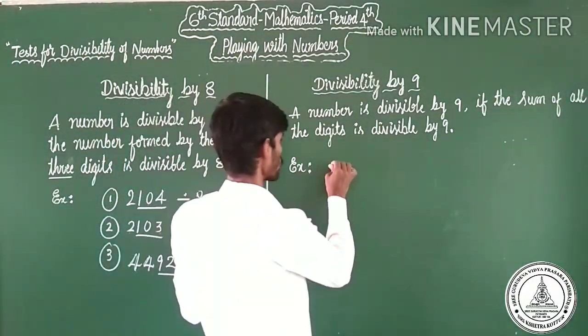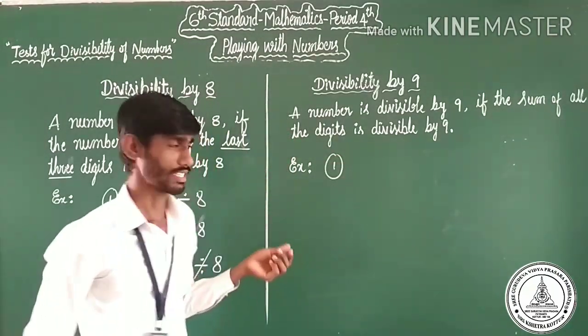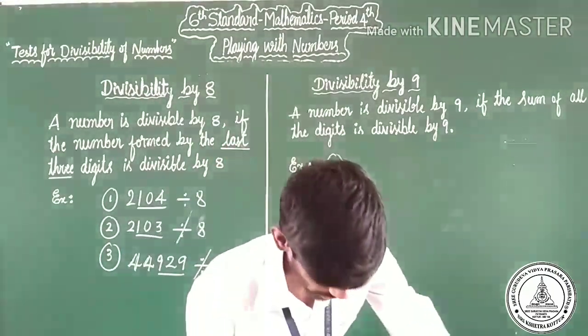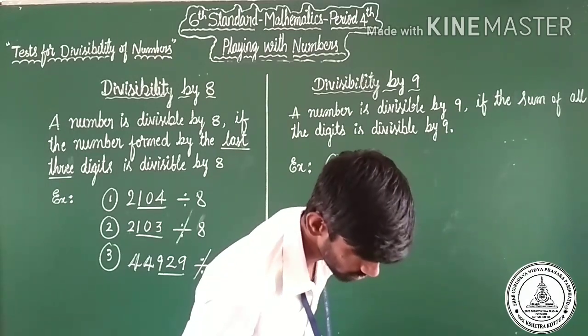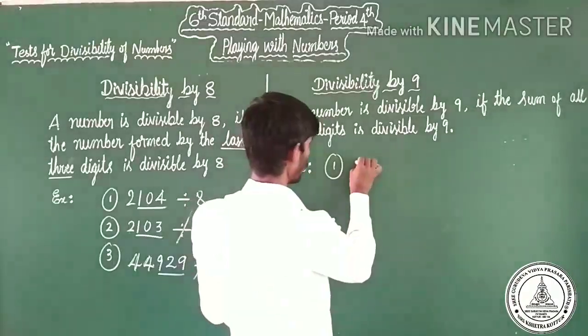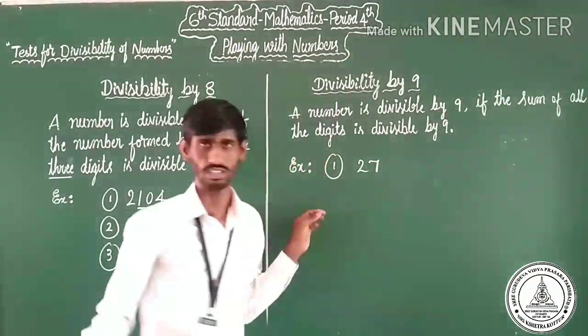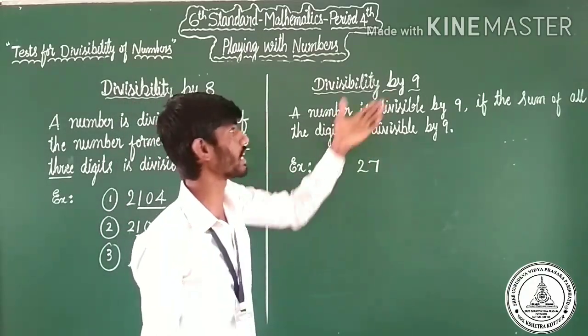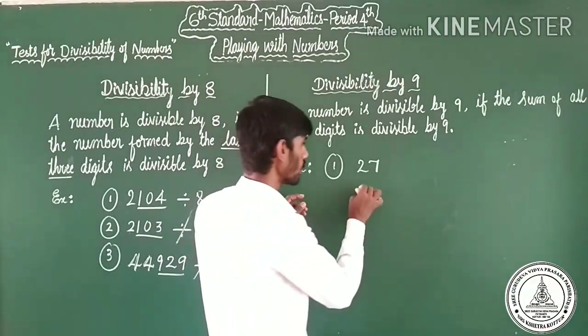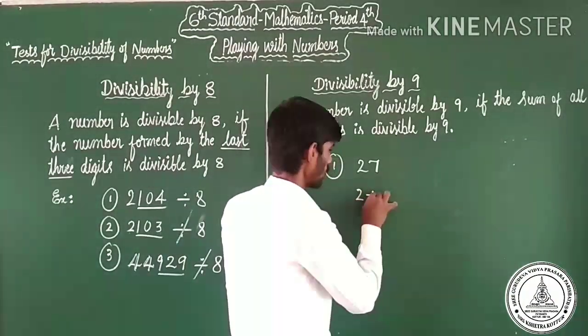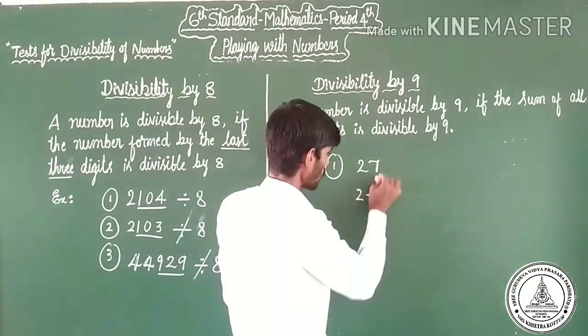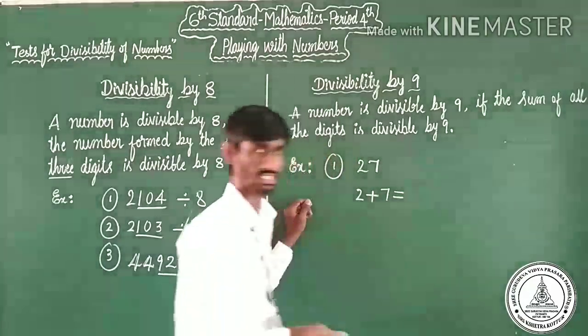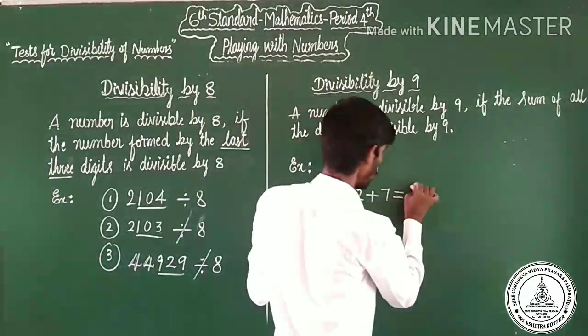Let us take an example, 27. How do we check whether 27 is divisible by 9 or not? Dear Choto, you may take a sum, 2 plus 7. 2 plus 7 is equal to 9.